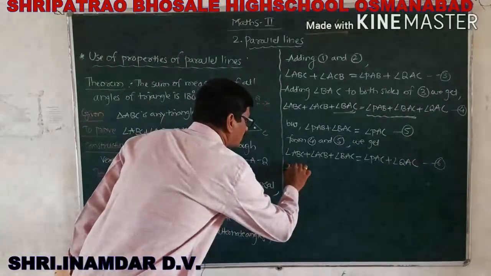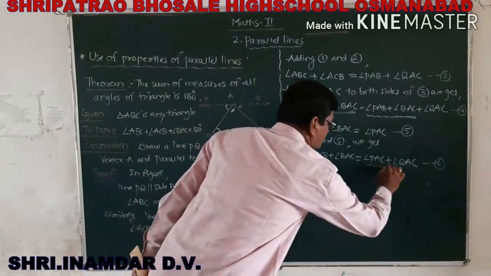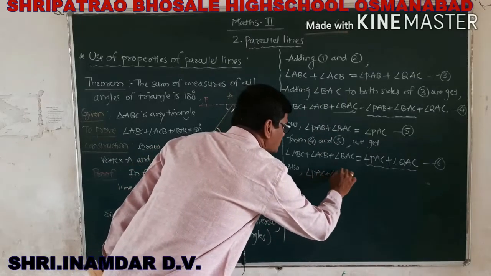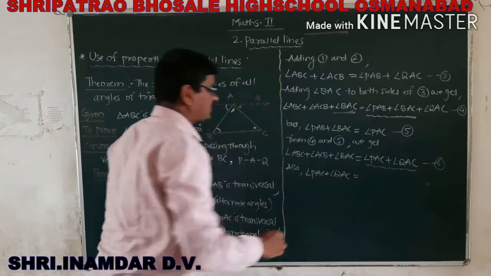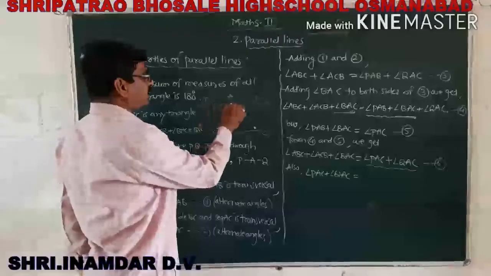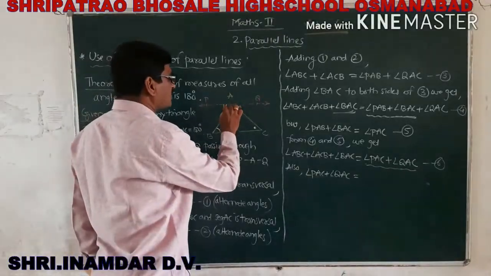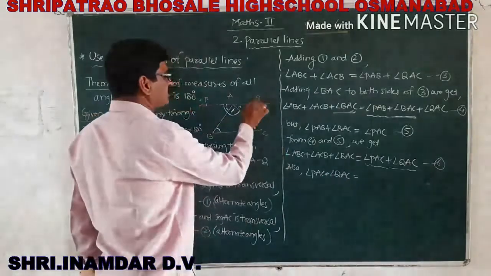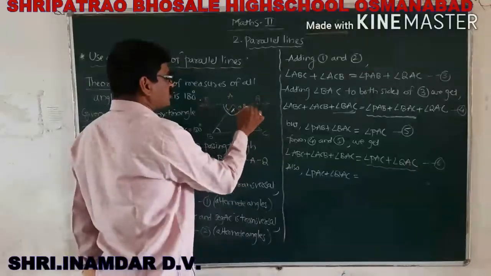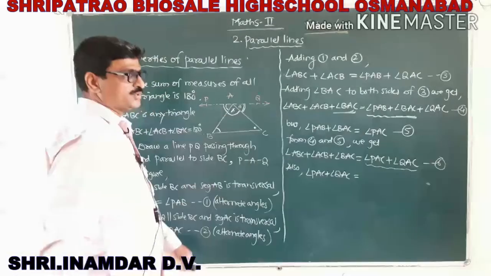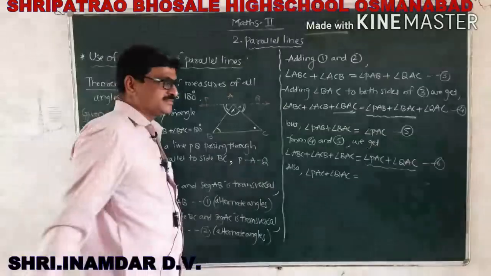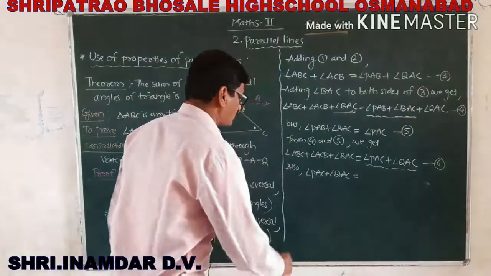Then also we have to write this part, angle PAC plus angle QAC. So if you see in this figure, PAC is nothing but this angle, okay, and then QAC is nothing but this part. So if you take the addition of these two, we get 180 degrees, because a linear pair of angles is formed.